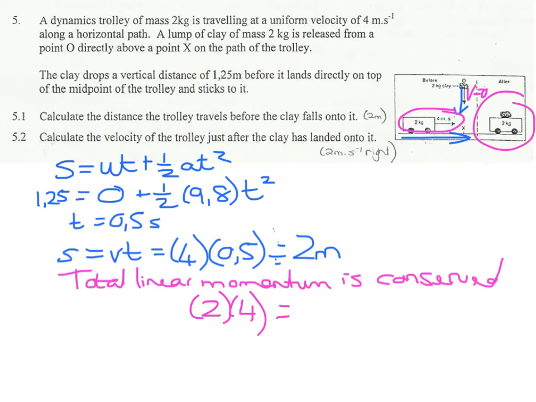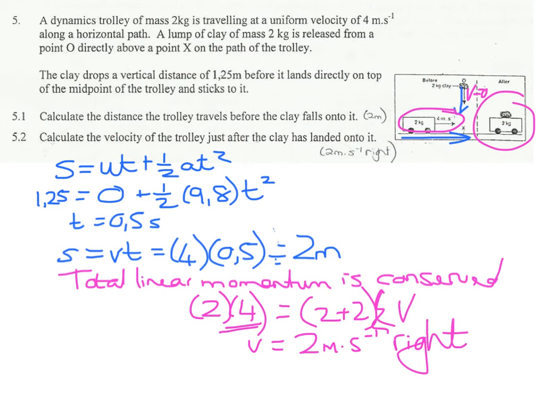So it's 2 plus 2, which is equal to 4, multiplied by the speed of the object afterwards, which is what we're looking for. And so I land up with V being equal to 2 meters per second, and because it's positive, it's in the same direction as the 4 meters per second, so it is to the right.